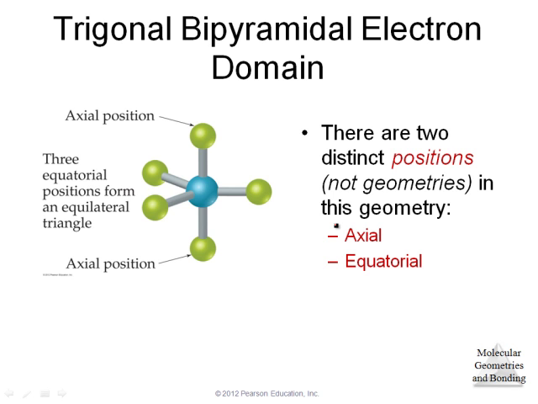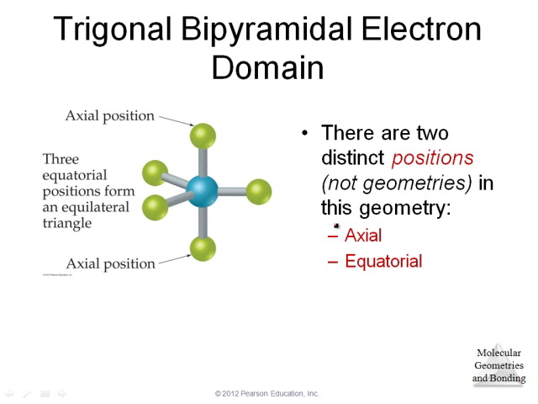The ones I have drawn with longer green lines are called the axial positions, the two axial positions. And the ones around the central atom, just like the equator, are called the equatorial positions. Everyone see the positions? Make sense? Axial positions and equatorial positions.